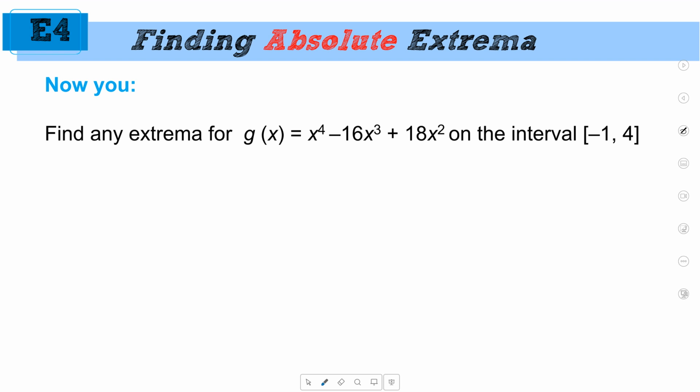For critical numbers, get 11 something, 28 something, 0. Alright, try that. Okay, there's something wrong with the calculator. Sorry, did it again.